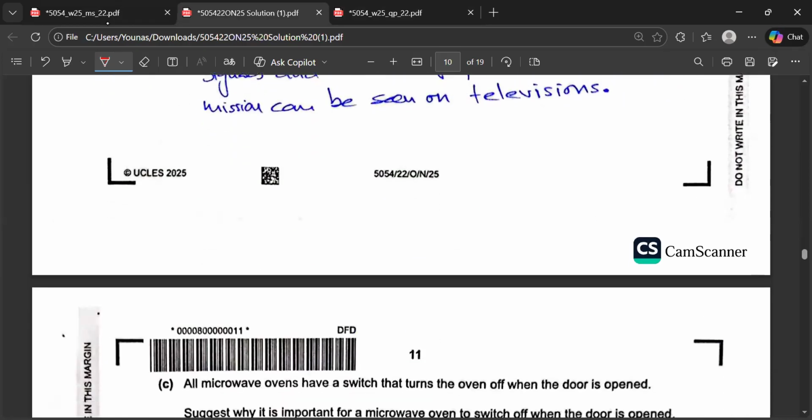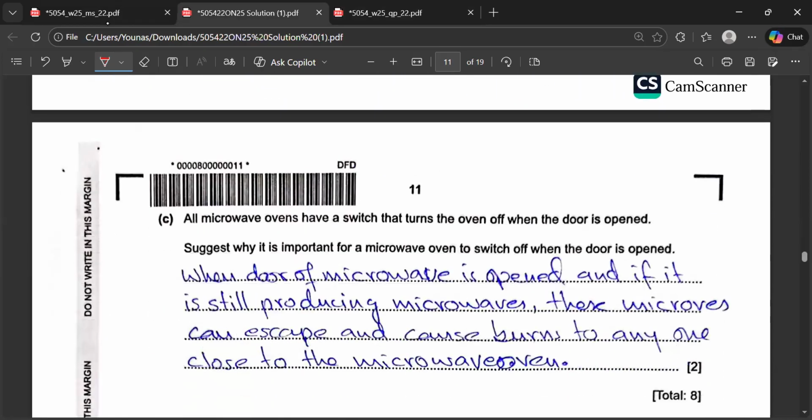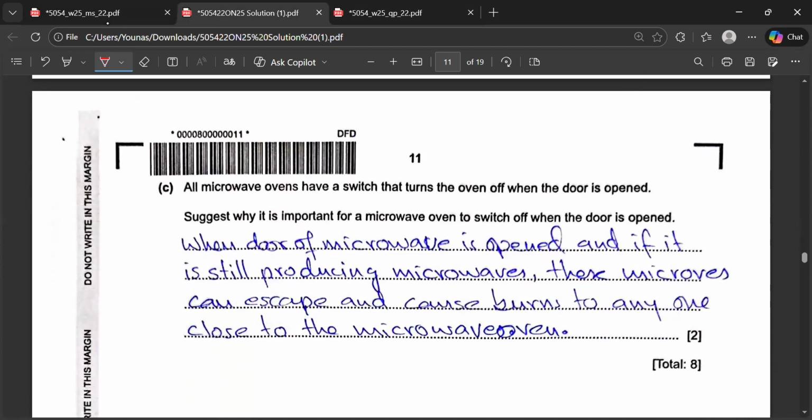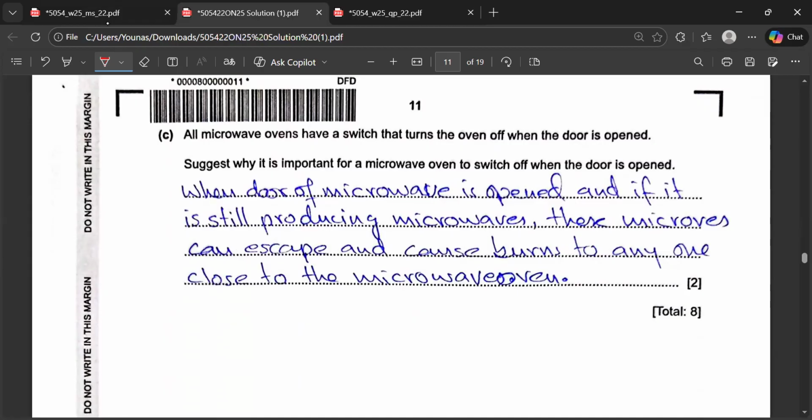It's like your skin got burnt, and you will have blisters. When the door of the microwave is open, and if it is still producing microwaves, these microwaves can escape from the microwave oven and cause burns to anyone close to the microwave.